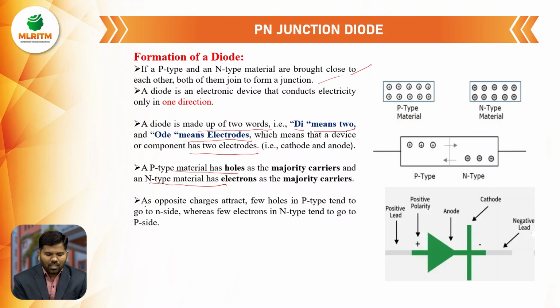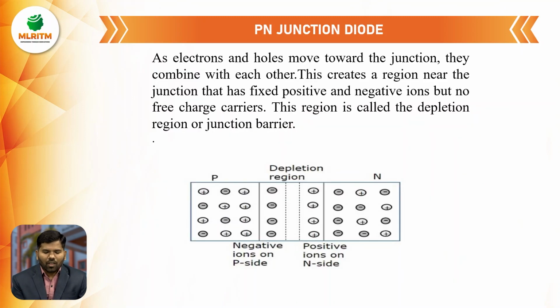As opposite charges attract, a few holes in the p side move towards the n side, whereas a few electrons in the n side move to the p side.